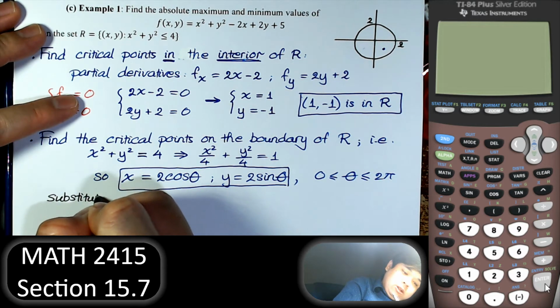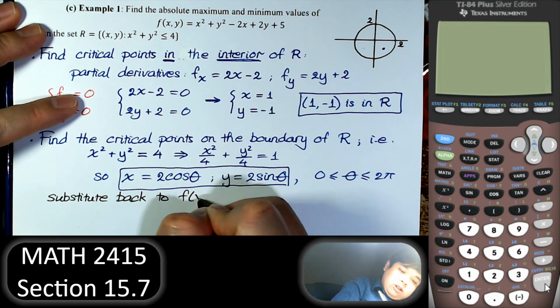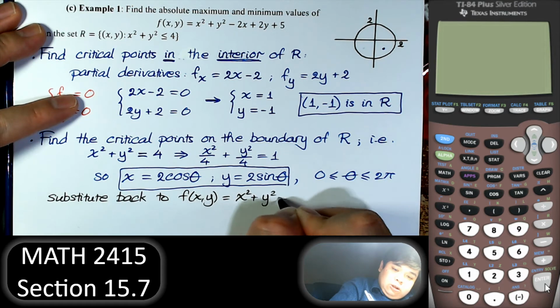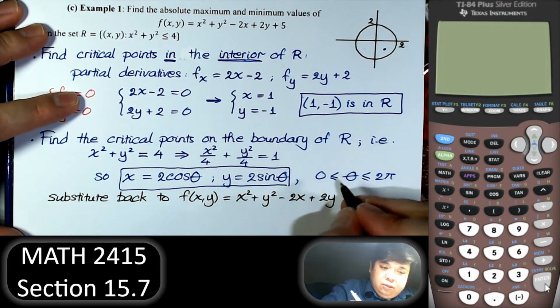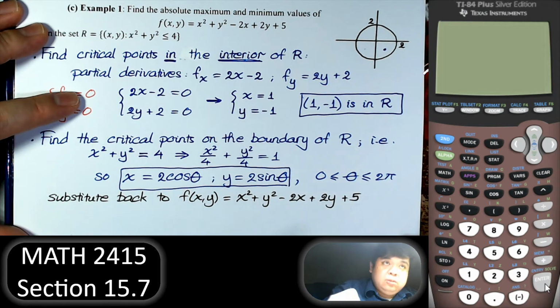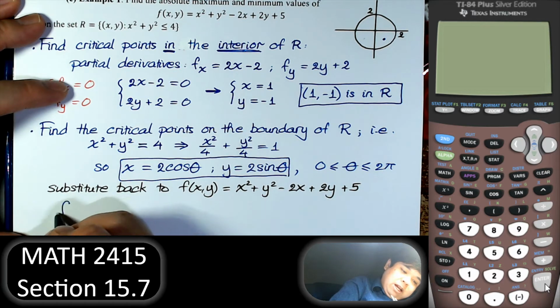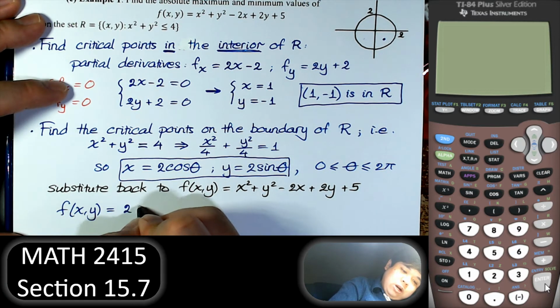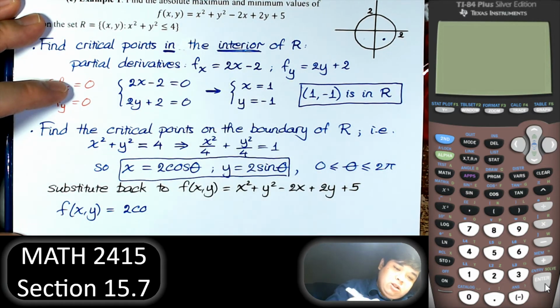Substitute back to the function. So I have f(x, y) equal to 2 cosine squared. By the way, we here have x squared plus y squared, so this will be 4.